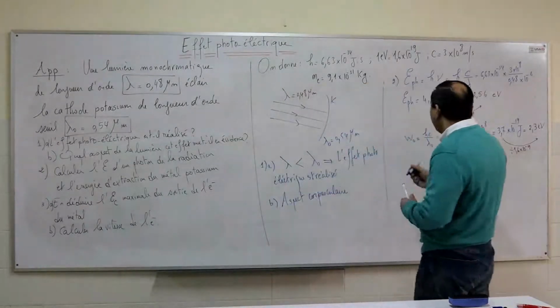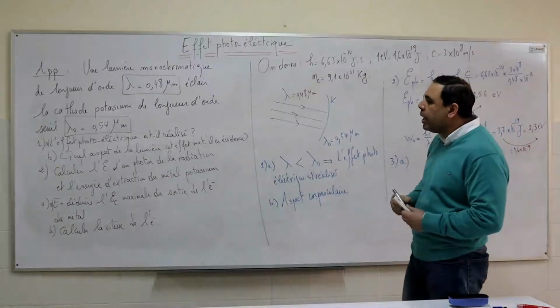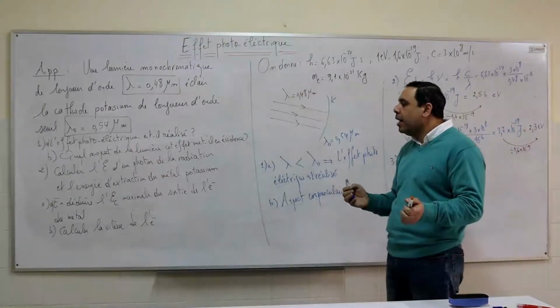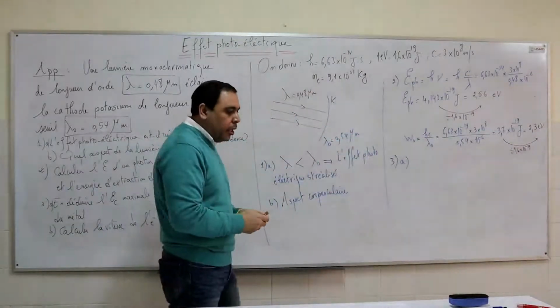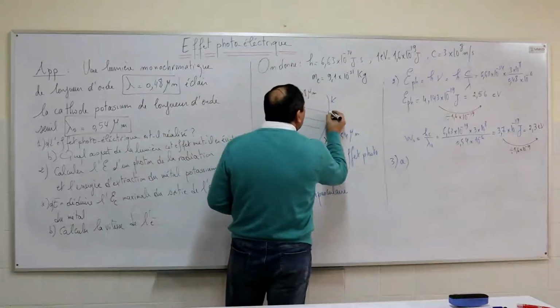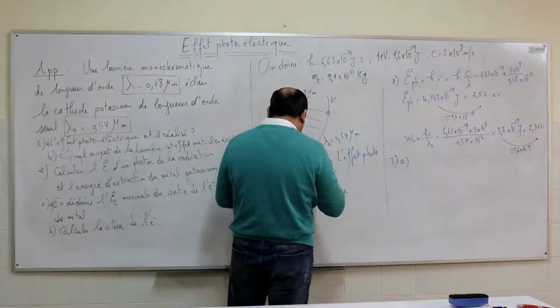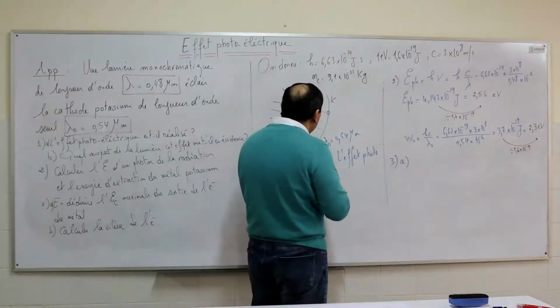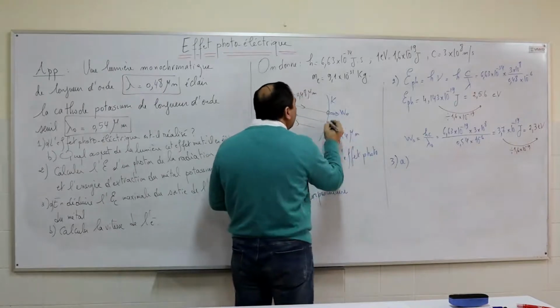In part 3a, deduce the maximum kinetic energy of the ejected electron. The photon reaches an electron in the metal. This is the electron on the surface of the metal, the metal having a work function of W0.